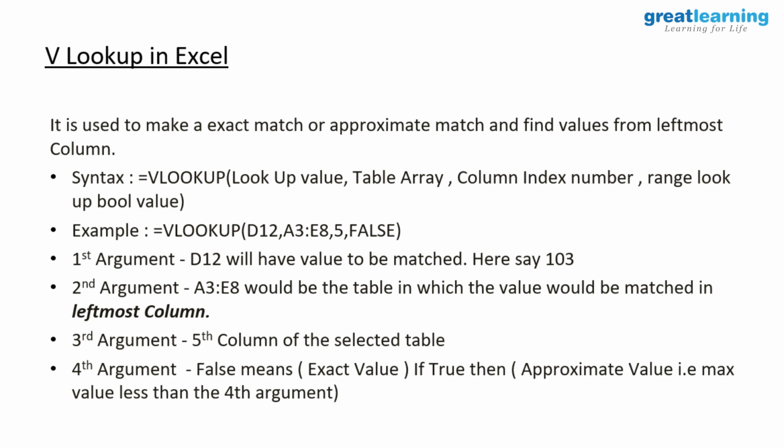Okay, so when the match is made, whatever parameter or number we are trying to look up in the leftmost column, if it is matched, what Vlookup would do is return the value of the particular column which you mention in the column index number, from the row where the value has been matched.